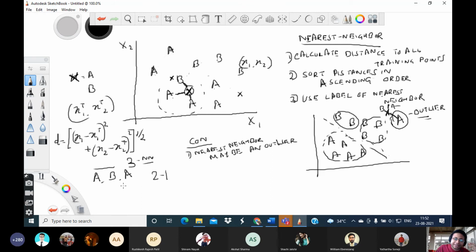Now, can I say that this is a good idea, or does it also have some cons? Sir, what if both A and B for the third neighbor are at equal distance from X? Then I think there will be an issue. Okay, fine.